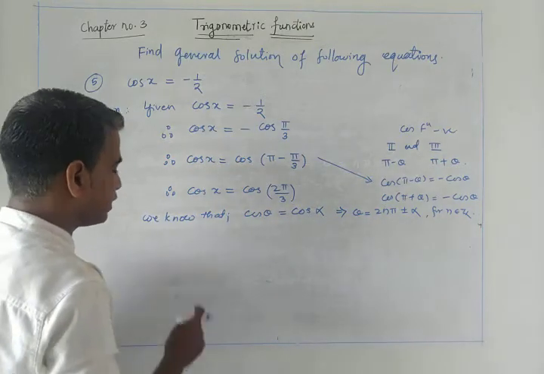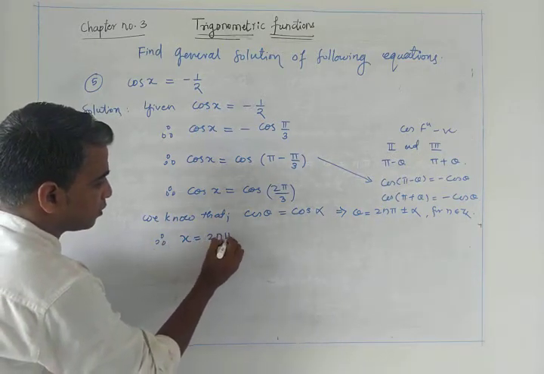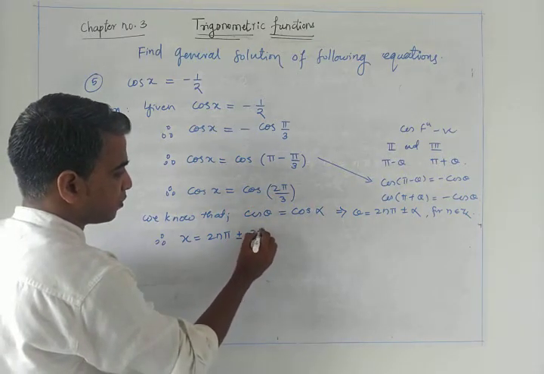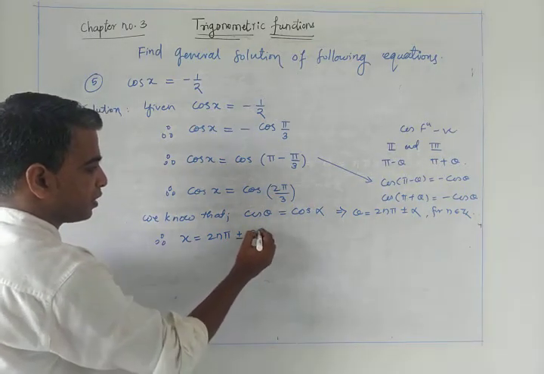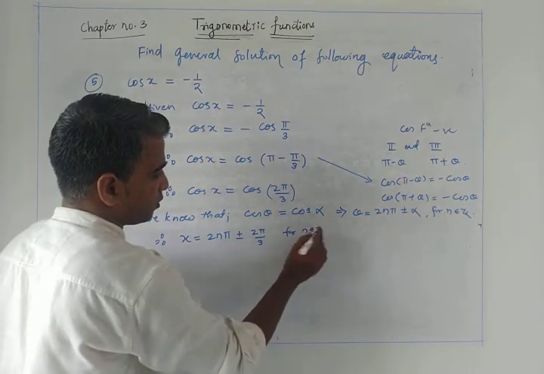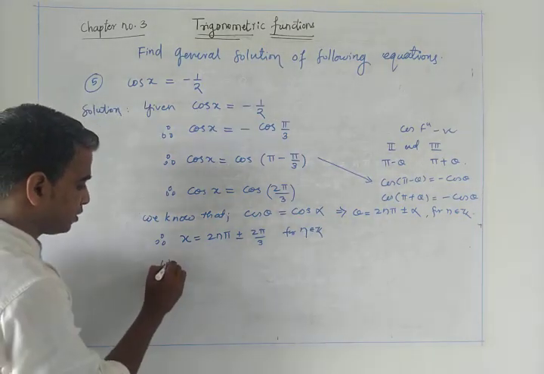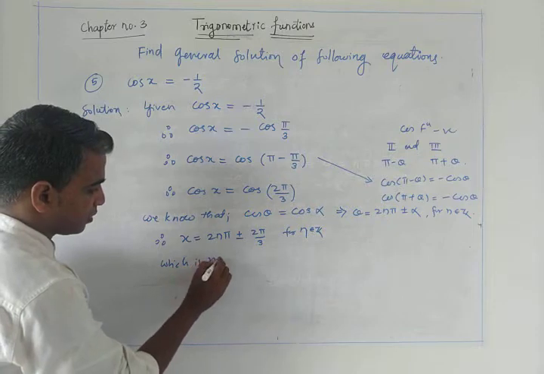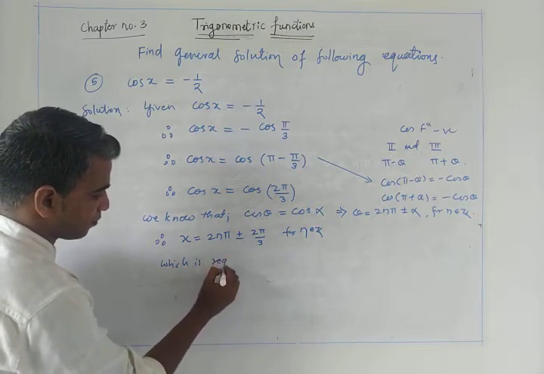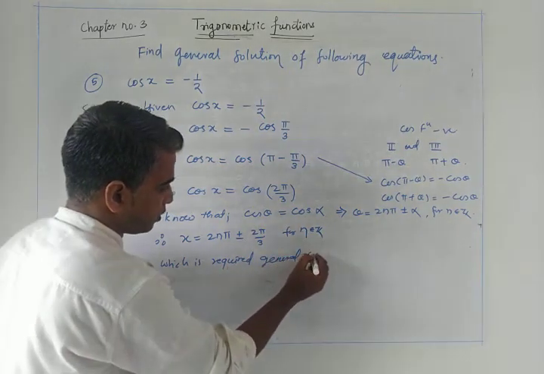We will substitute at its correct place. Therefore x is equal to 2n pi plus minus 2 pi upon 3 for n belongs to Z, and this is the required general solution.